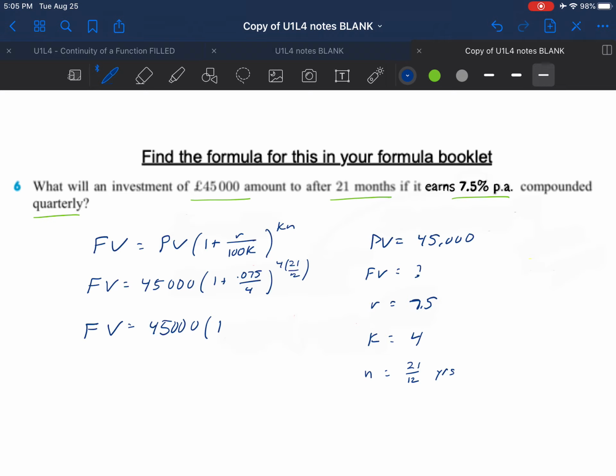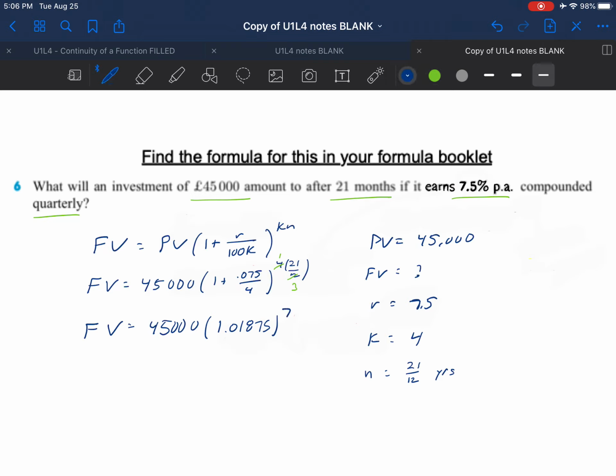So this inside all becomes 1.01875. Okay, so really, this part is the quarterly interest rate. If you're getting 7.5% per year, you're getting 1.875% per quarter. And 4 times 21 over 12, well, the 4 and the 12 become 1 over 3, and 21 over 3 is 7.